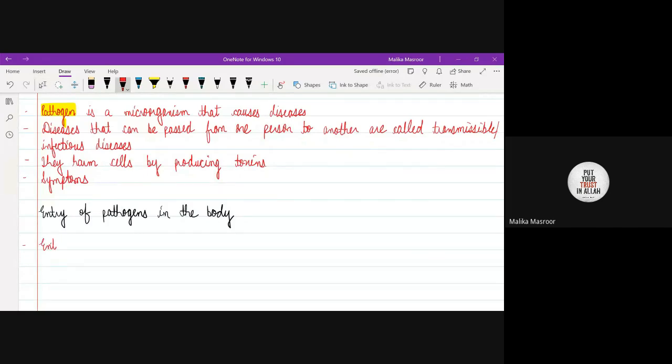Transmission is when it's transferred from one host to another.